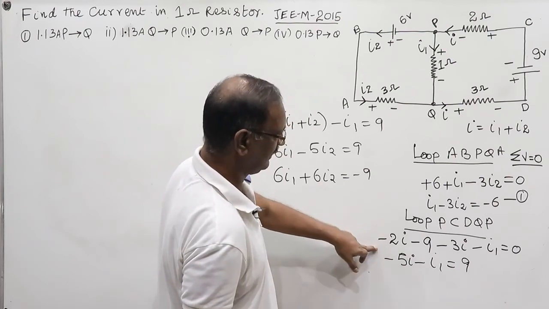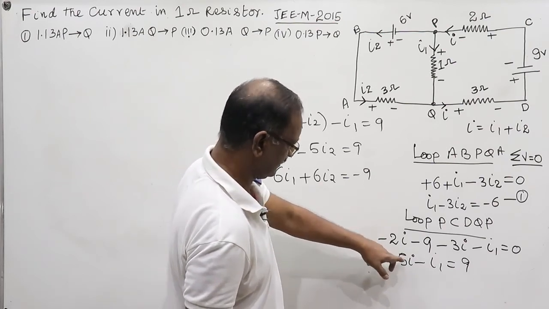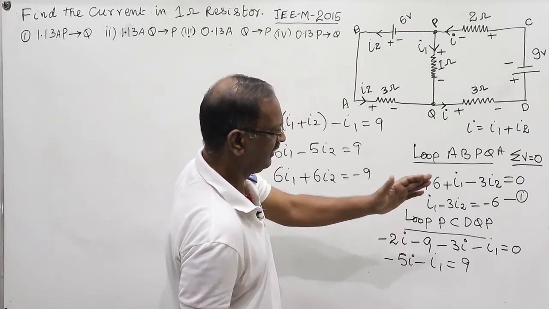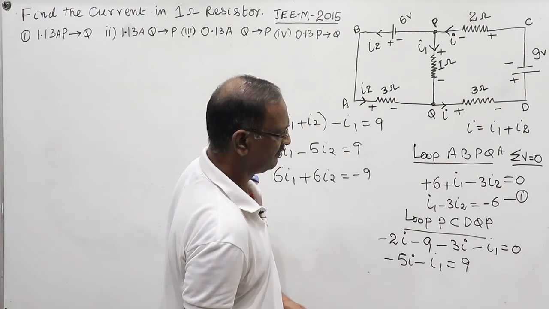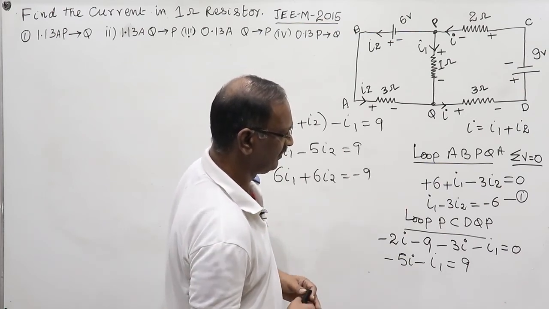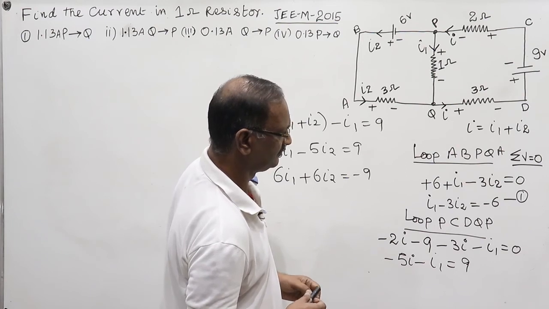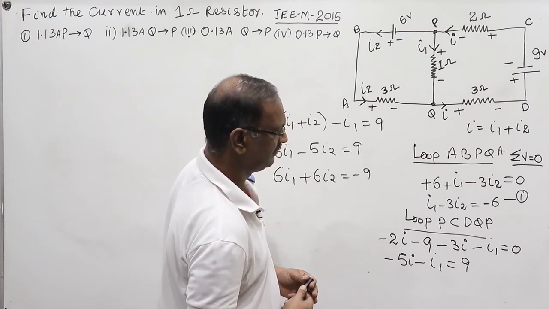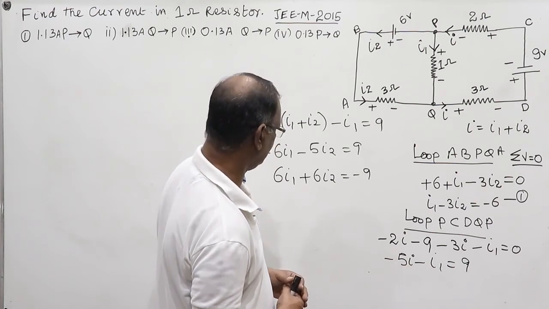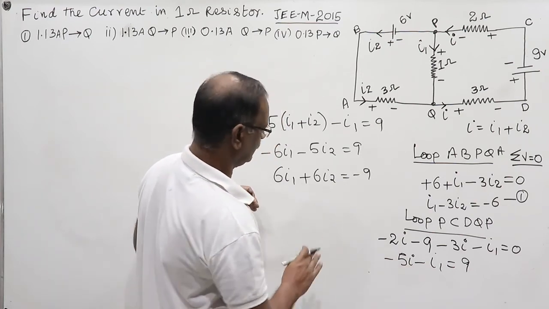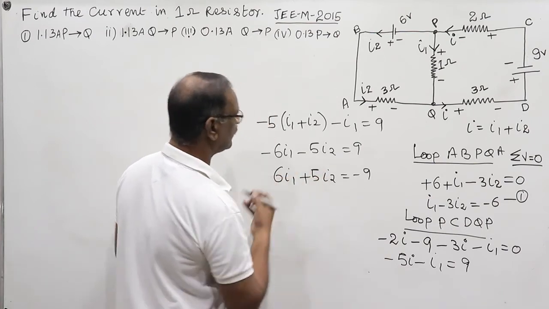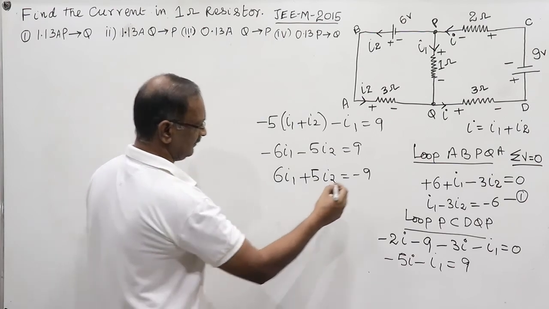Minus 2I minus 9 minus 3I minus I1 is equal to 0, or 6I1 plus 5I2 is equal to 9. Okay, so we got the second equation.